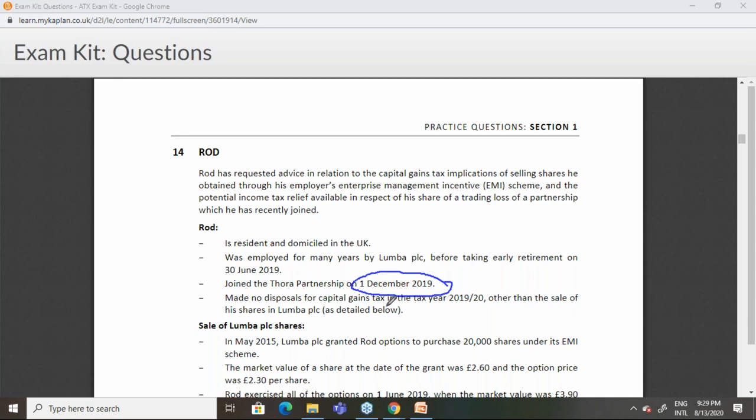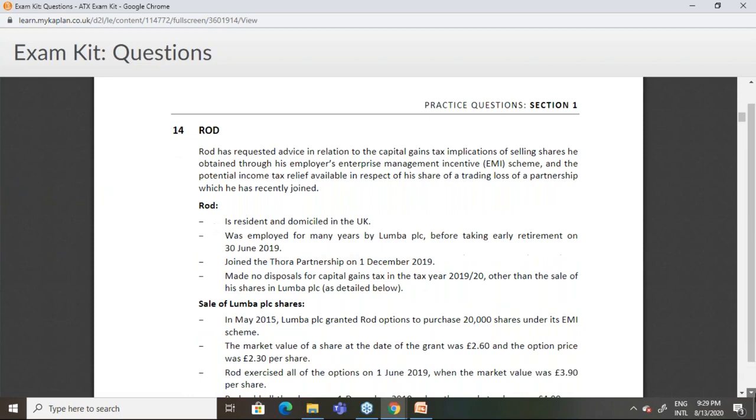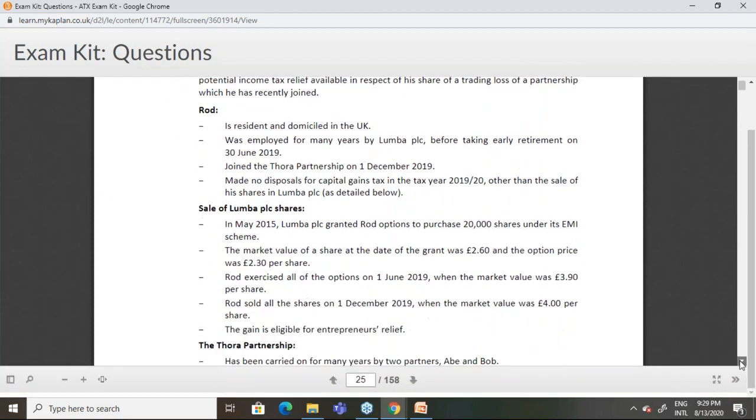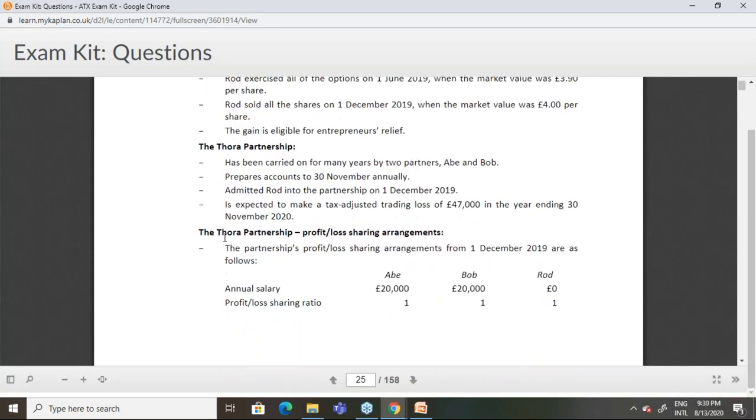Made no disposal for capital gains tax, that's not relevant. Only the 1st of December 2019 part is relevant for this question. The sale of Lumba PLC shares is not relevant to answer part B.